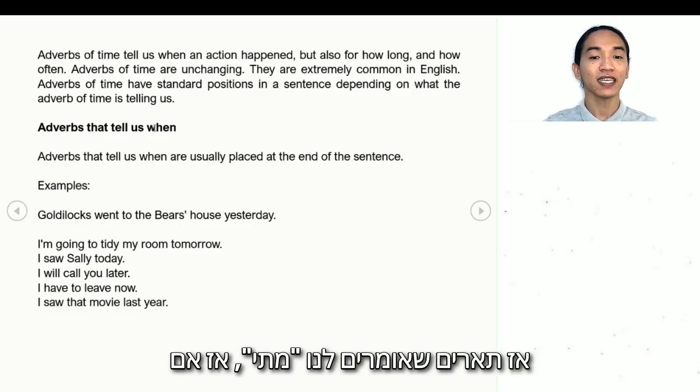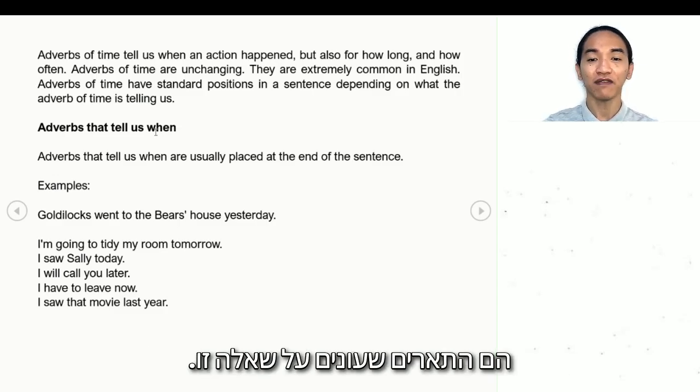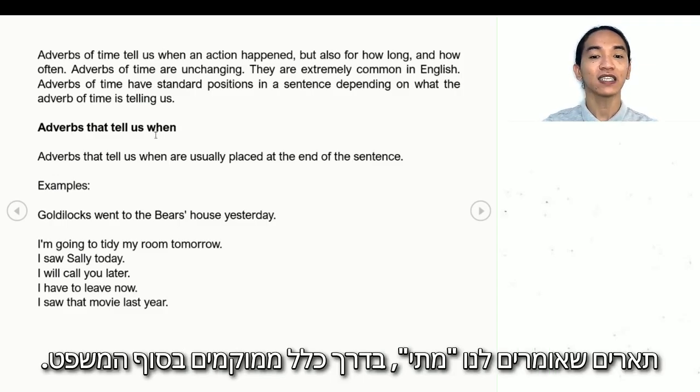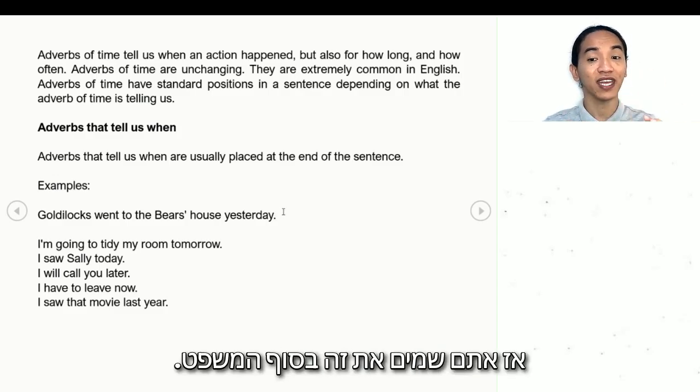So, adverbs that tell us when. If ever you ask the question when, these are the adverbs that answer this question. Adverbs that tell us when are usually placed at the end of the sentence. Goldilocks went to the bear's house yesterday. When? Yesterday. So you put it at the end of the sentence.